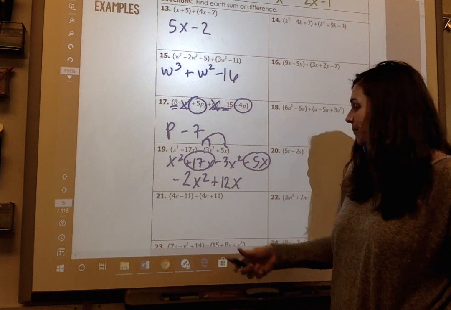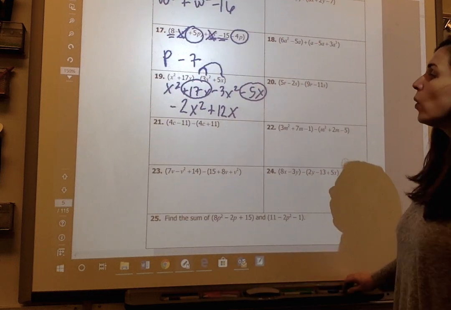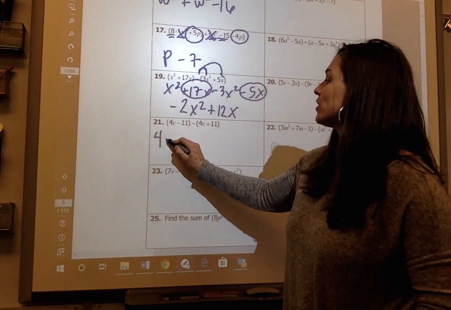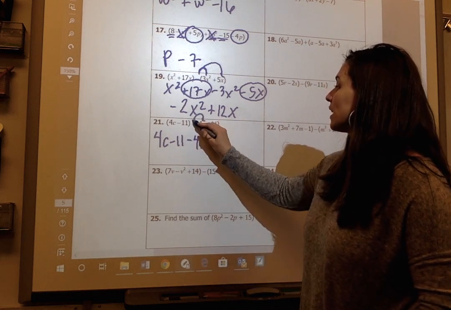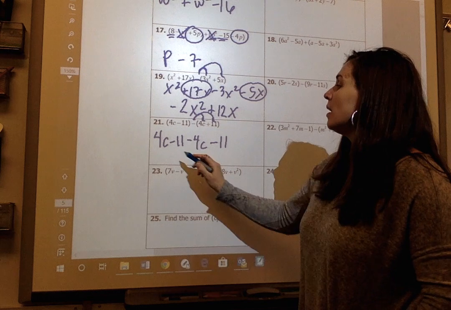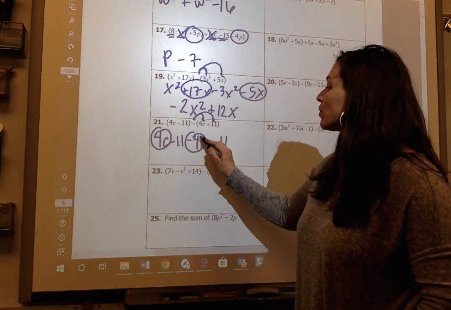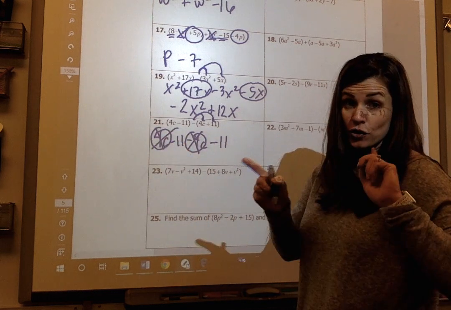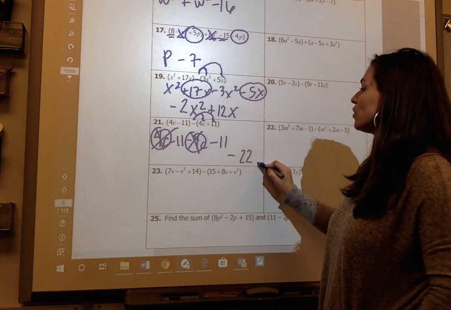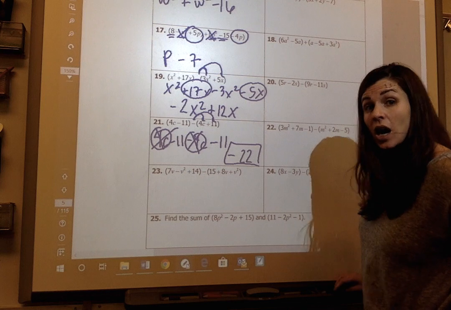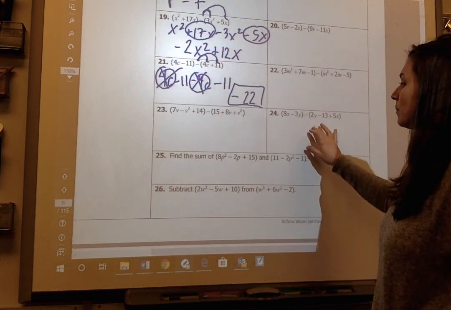Quadratic binomial. All right, 21, I have 4c minus 11. I'm distributing that negative, so I get negative 4c minus 11. My 4c and my negative 4c cancel out, additive inverse, opposites cancel. A negative 11 and a negative 11 is negative 22. And that is a constant monomial.